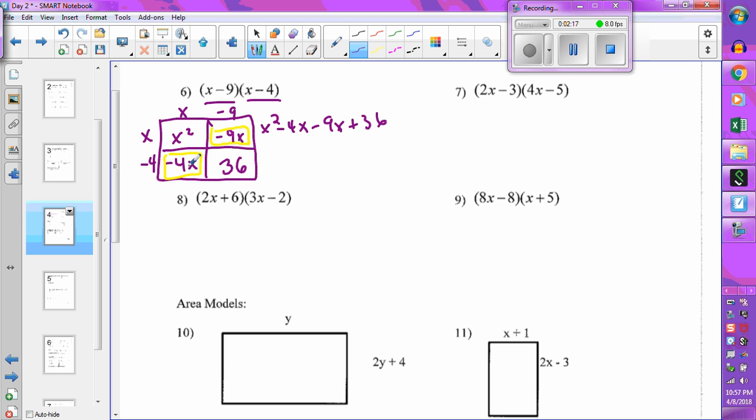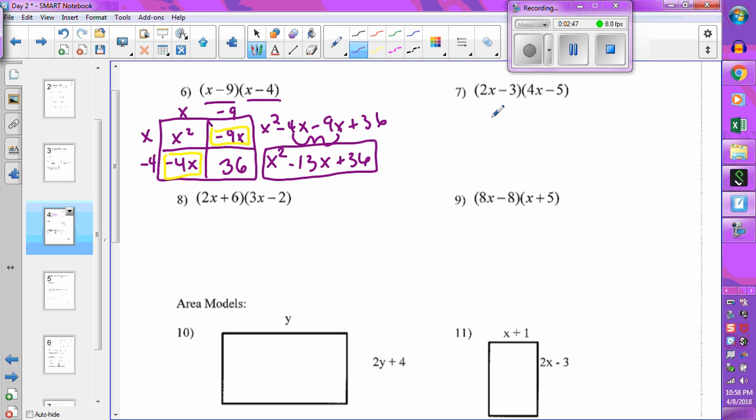Those terms highlighted in the yellow box can be combined because they're like terms. So we have x squared, and if I have a negative 4 and a negative 9, I'm going to have a negative 13x plus 36. And this is going to be my answer right here.